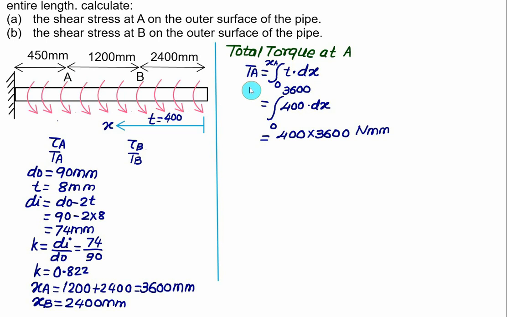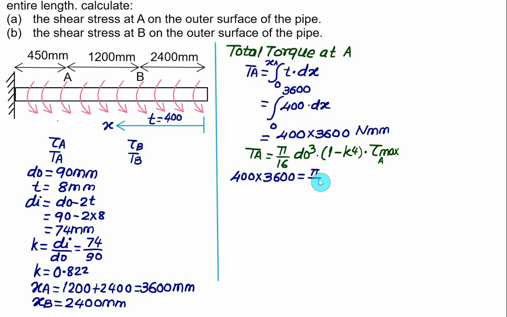Once we know the total torque TA and we have a hollow shaft, we can calculate the shear stress at A. So we have TA equal to pi by 16 into DO cube into 1 minus K to the power 4 multiplied by the maximum shear at the outer surface at A. Torque already known to us is 400 into 3600, equal to pi by 16.